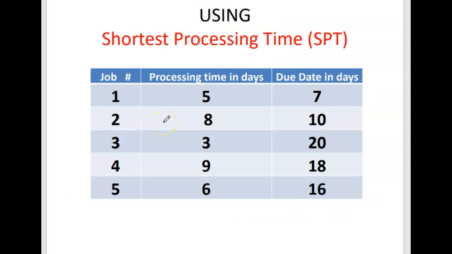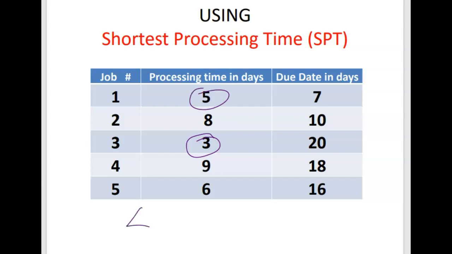Now, using SPT, shortest processing time, how do we arrange this? We are now going to consider the processing time to determine the priority. Which job has the shortest processing time? That will be this. Followed by which job?